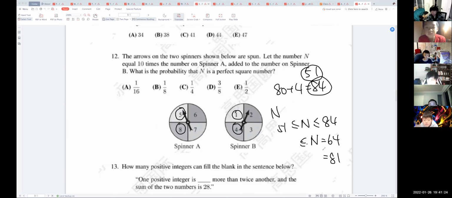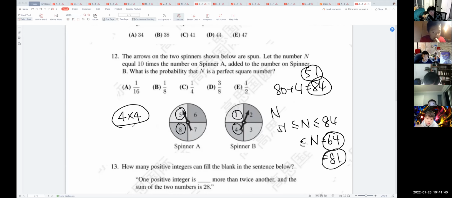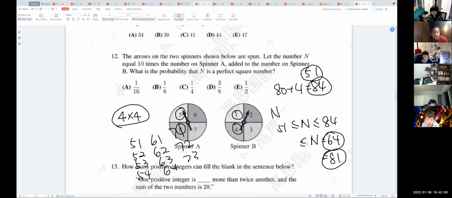Correct? 因为没有了嘛，对不对？所以就只有64和81。好，来我们来看看 out of all, how many numbers are there? We could have 4 times 4. 是不是一共有16个数字可以弄出来啊，小朋友们？Because we could have 51, 52, 53, 54, 61, 62, 63, 64, 71, 72, 73, 74, and 81, 82, 83, 84.